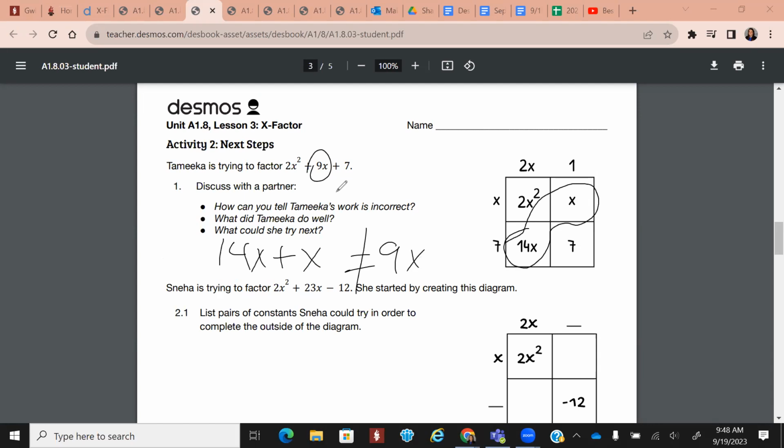Okay. On the next one, it says list pairs of constants that she could try in order to complete the outside of the diagram. So looking at what C is, what are factors of negative 12? 1 and 12, 2 and 6, and 3 and 4.